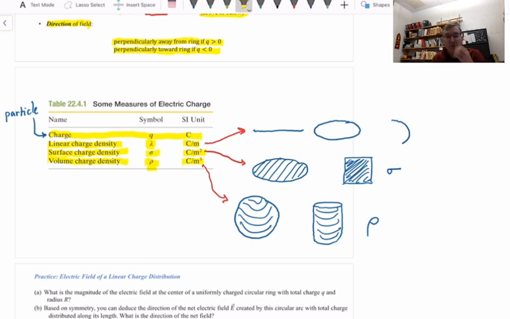So watch out, rho can mean volume charge density or volume mass density, coulomb per meter cubed or kilogram per meter cubed. Which it means is all on context, what's happening. So we want to get used to those different kinds of charge densities: linear charge density, surface charge density, and volume charge density.